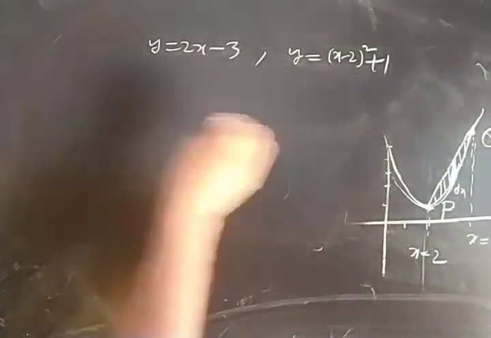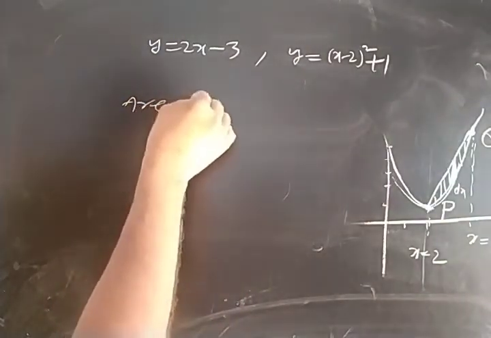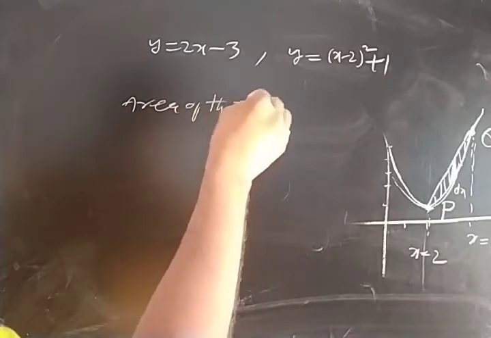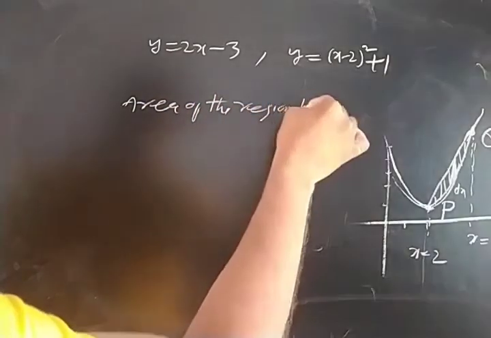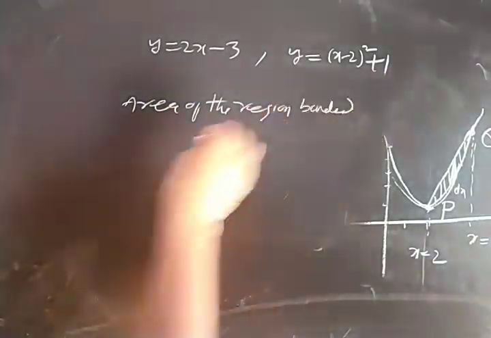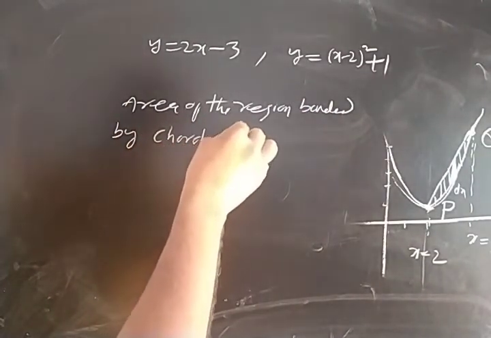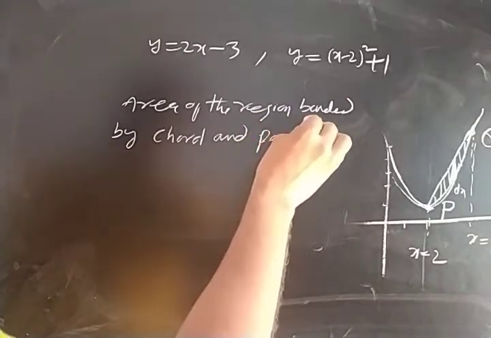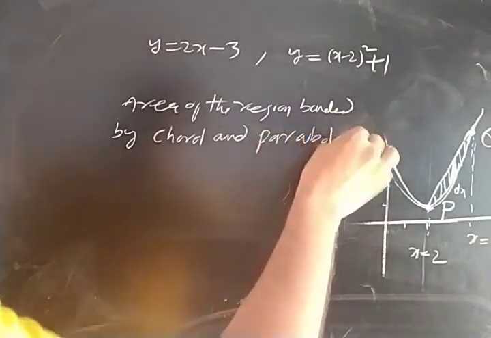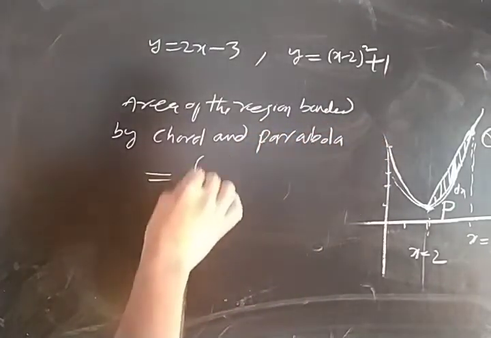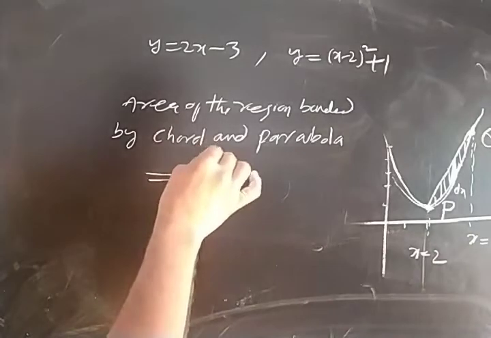Now I am going to find the area of the region bounded by the chord and the parabola. I'm taking the x limits 2 to 4.